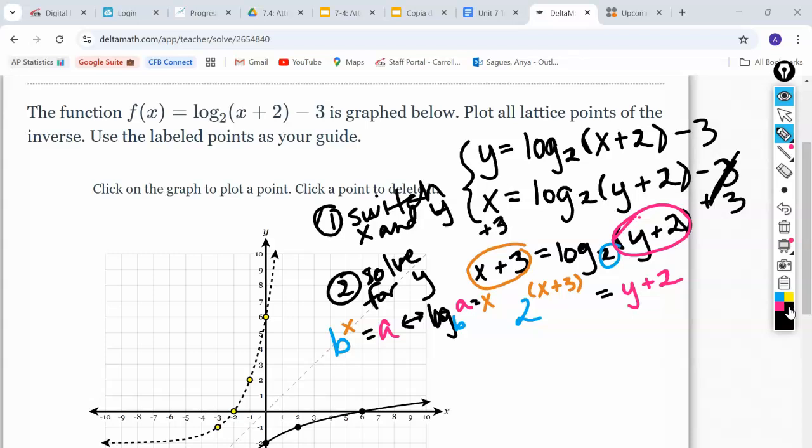All right. And I still have to continue solving for y, but the last thing that we have is plus 2. So now I will do minus 2 on both sides. And my final function is y equals 2 exponent of x plus 3, and then minus 2 at the very end.